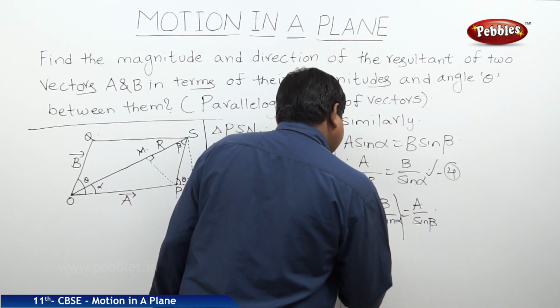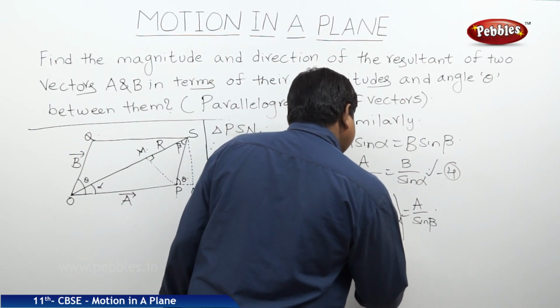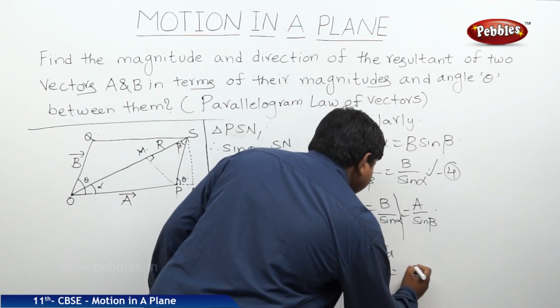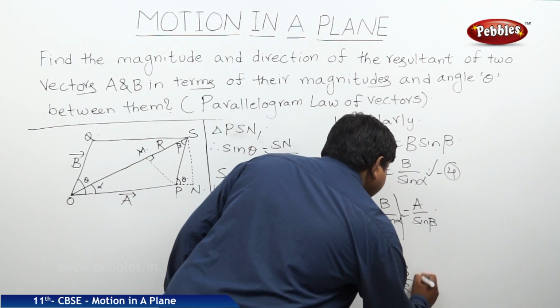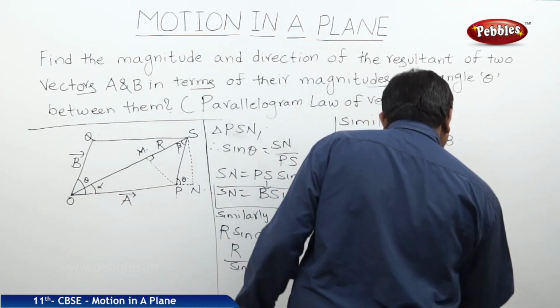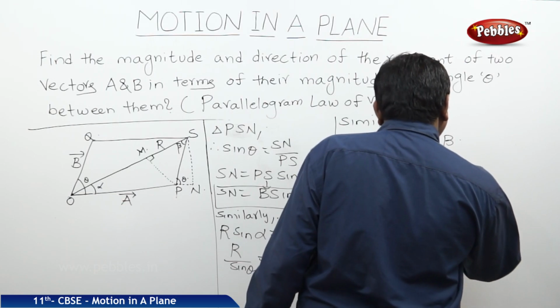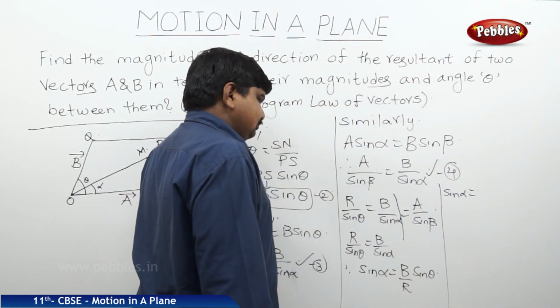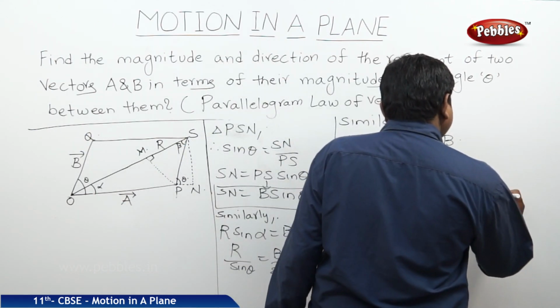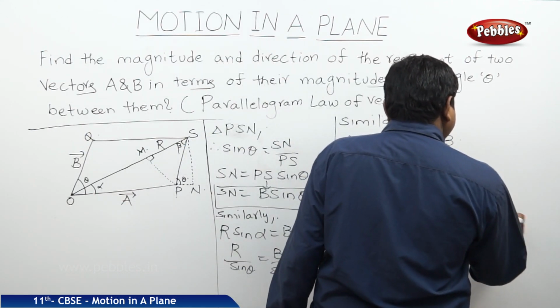R by sin theta is equal to B by sin alpha. Therefore, sin alpha is equal to B by R sin theta. Similarly, sin alpha is equal to B sin beta by A, B by A sin beta.